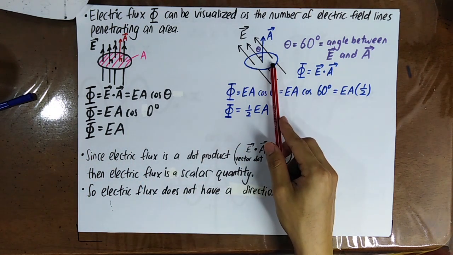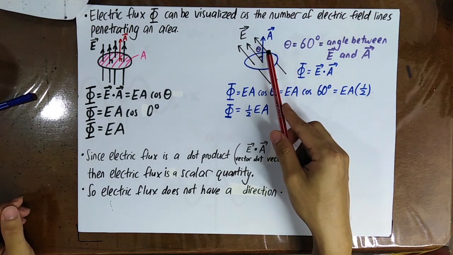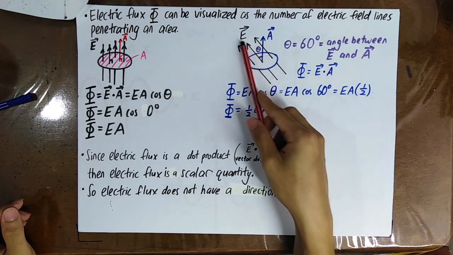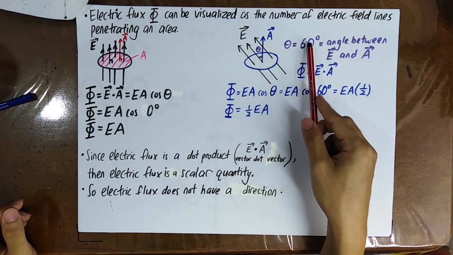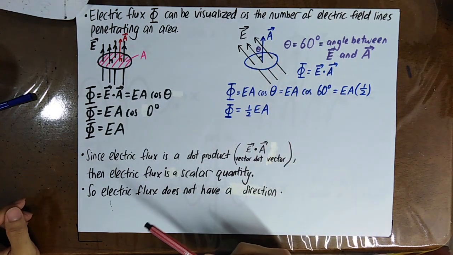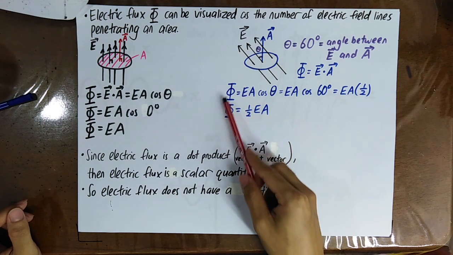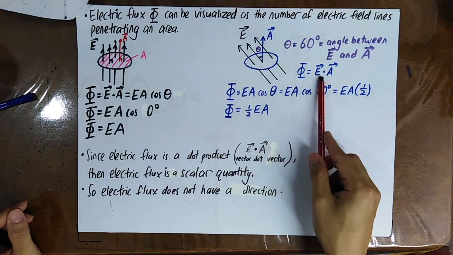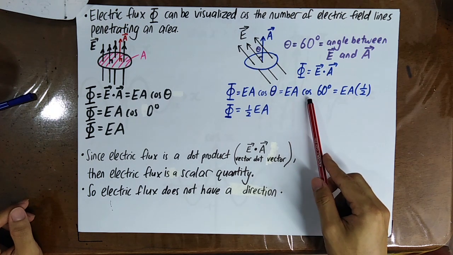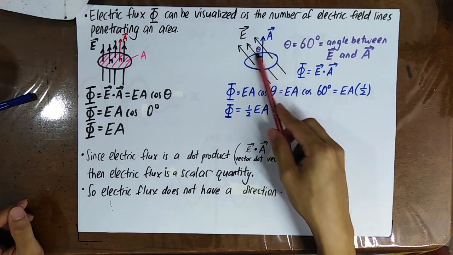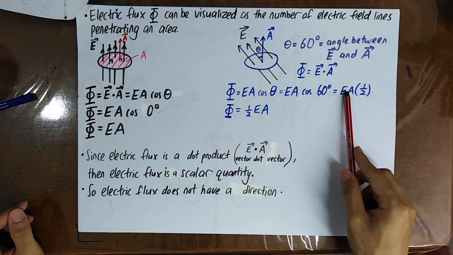In another case, there is an angle between E and A, and let's say the angle is now 60 degrees. The electric flux is equal to E dot A, which is equal to EA cos theta, which is equal to EA cos 60 degrees, which is equal to half EA.